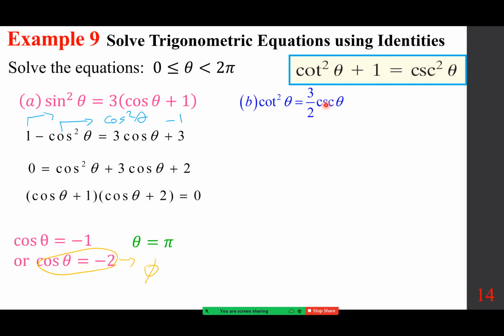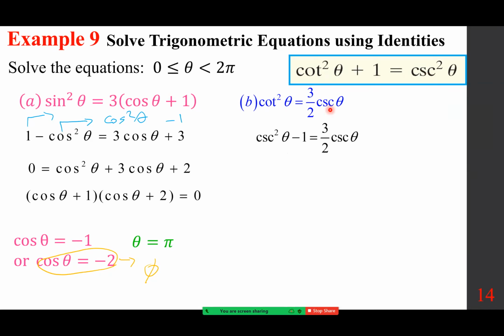Therefore, since this is cosecant, we're going to change this to cosecant by moving the 1. If I move the 1, cotangent squared becomes cosecant squared minus 1. So I hope everybody's clear what happened.